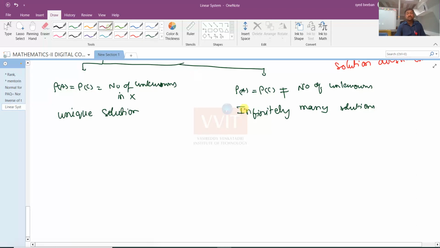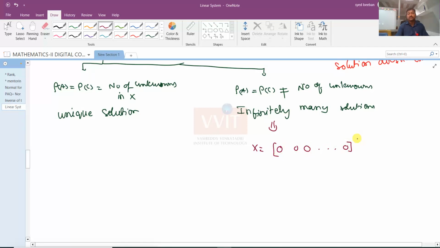Among the infinitely many solutions, one of the solutions is x equals 0 0 0 and so on, 0 transpose.